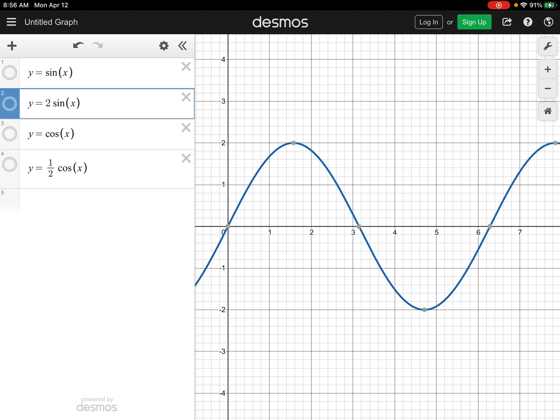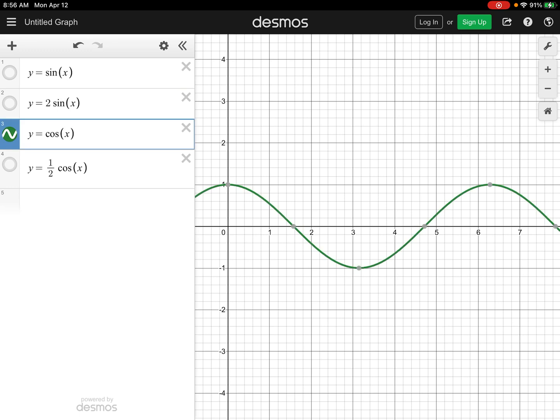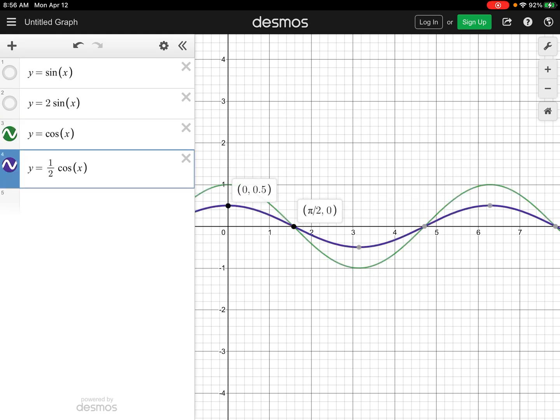Same thing happens with the cosine function. It has 0 to 2 pi. You have your 5 x values as you unravel that unit circle. If the amplitude is 1/2, notice it's the same points, same x values, but the purple is shrunk together.